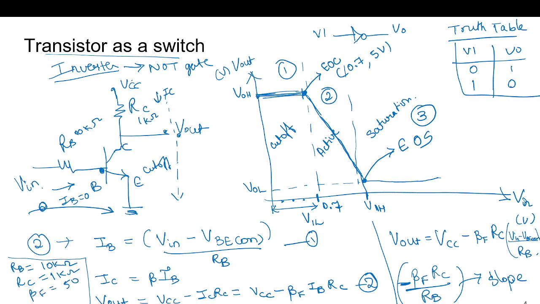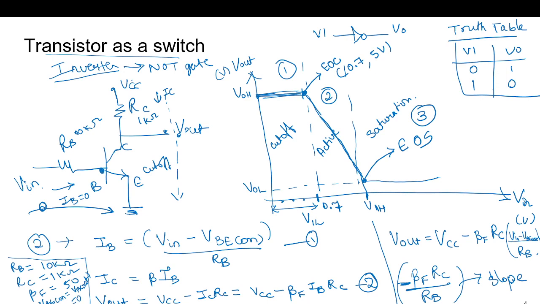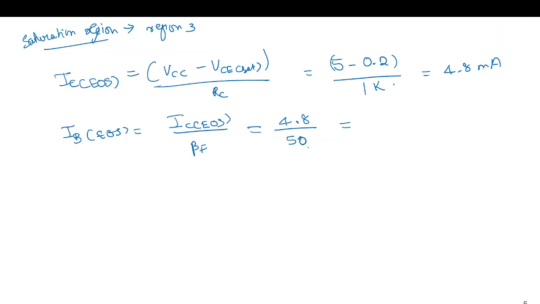And we are considering both VBE on and VBE sat to be equal to 0.7, and VCE saturation to be 0.2 volt. VBE saturation will be slightly higher than the VBE on, but for hand calculation we are considering both to be 0.7.